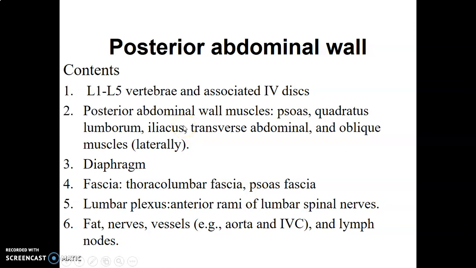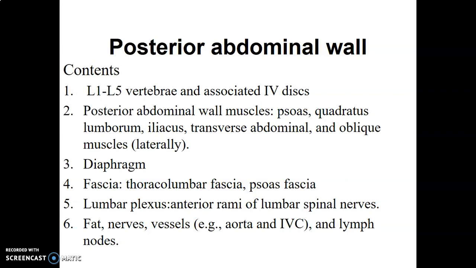So the posterior abdominal wall basically has vertebrae, and has muscles: psoas, quadratus lumborum, iliacus. It has the diaphragm. You have fascia, so there's thoracolumbar fascia and fascia covering the psoas muscle. Then you have the lumbosacral plexus. We have neurovascular structures like the aorta, inferior vena cava, and there's lymph nodes and fat.